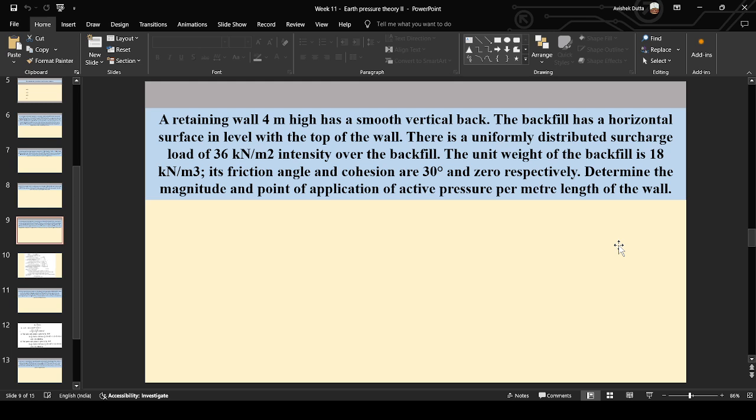The unit weight of the backfill is 18 kN per meter cube. Its friction angle and cohesion are 30 degree and 0 respectively. Determine the magnitude and point of application of active pressure per meter length of the wall.